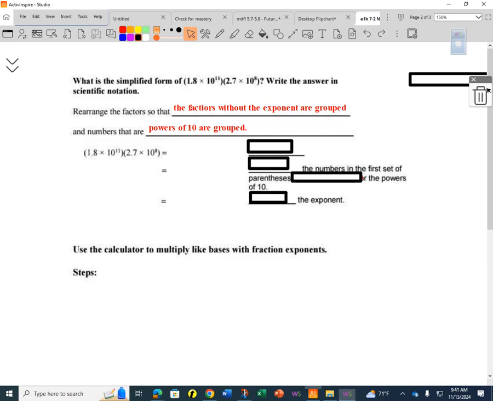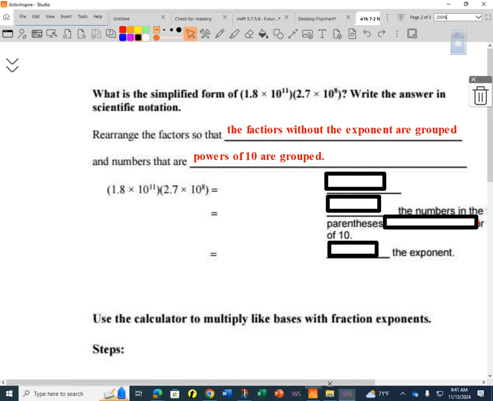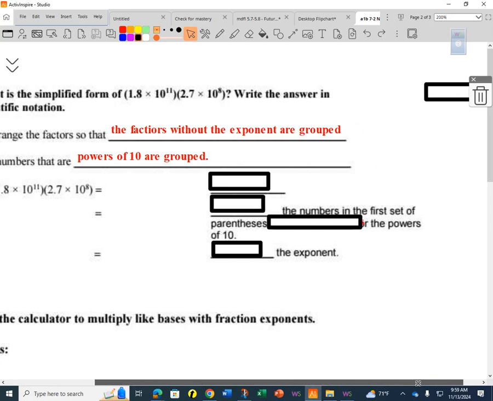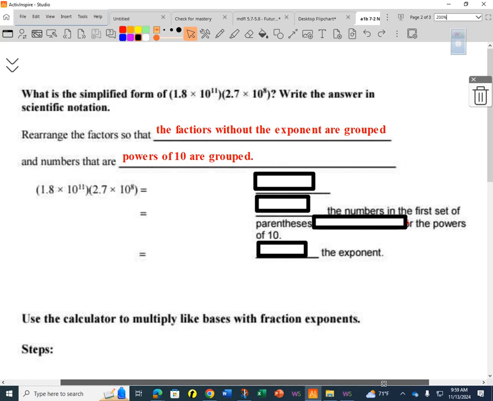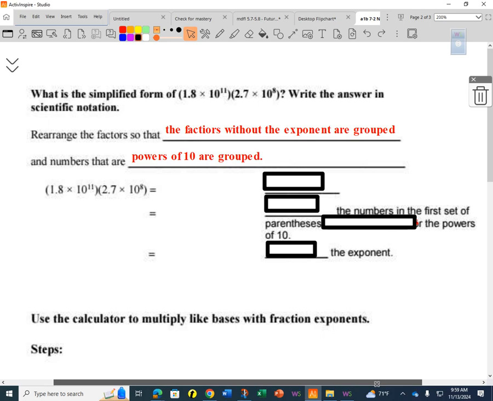So rearrange means we're going to take the 1.8 times the 2.7.